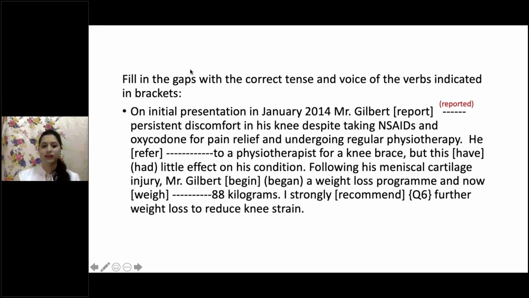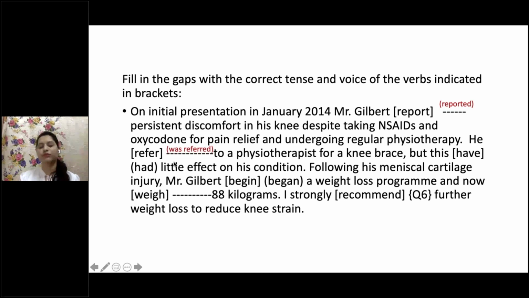So this whole paragraph, first of all, is in past tense. So it becomes, on initial presentation in January 2014, Mr. Gilbert reported persistent discomfort in his knee despite taking NSAIDs and oxycodone for pain relief and undergoing regular physiotherapy.